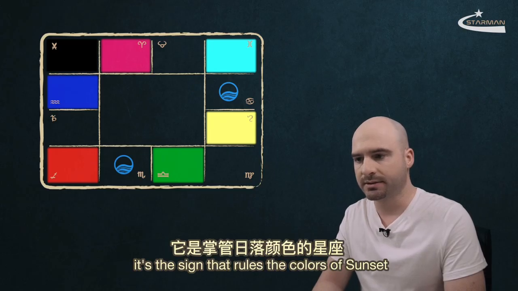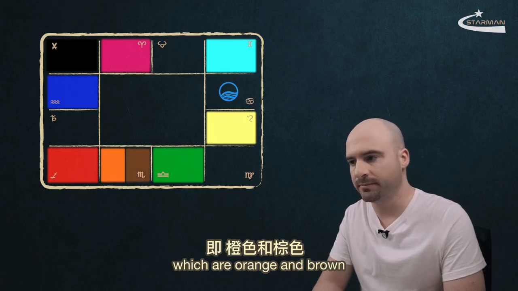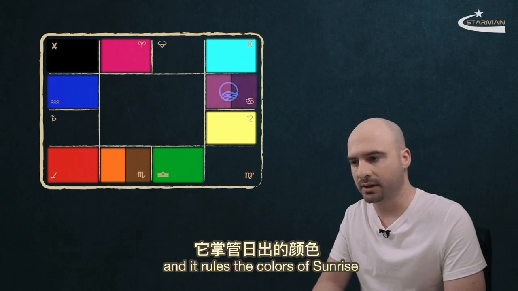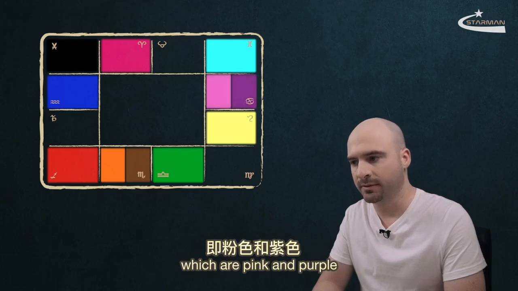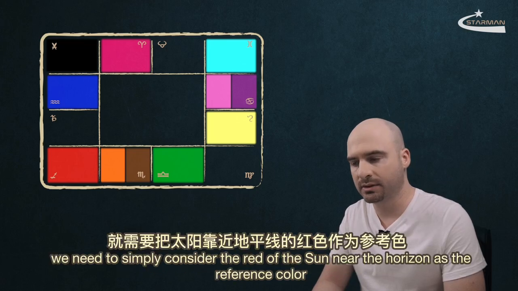It's the sign that rules the colors of sunset, which are orange and brown. And Cancer is the water sign that follows the night of Pisces, and it rules the colors of sunrise, which are pink and purple. So when we use the warm and cold colors here, we need to simply consider the red of the sun near the horizon as the reference color.